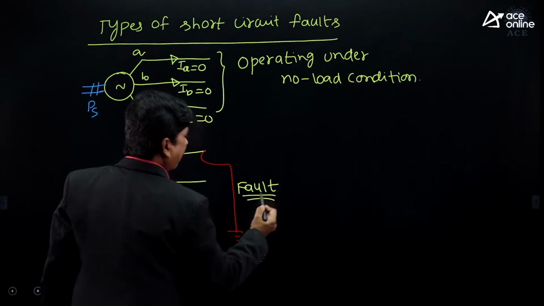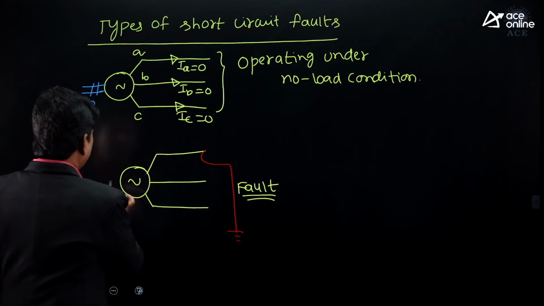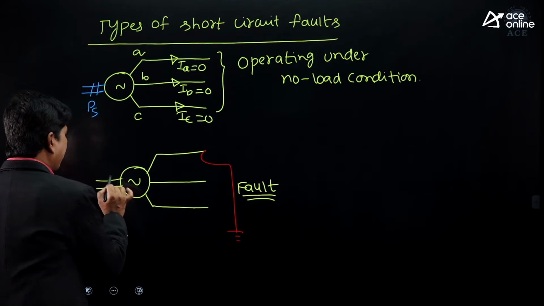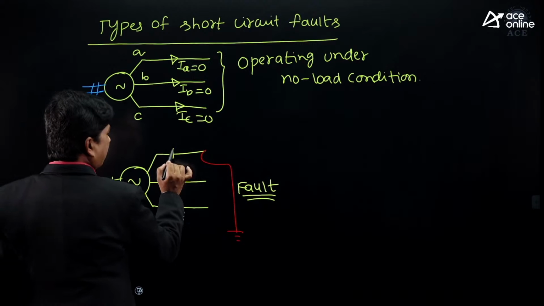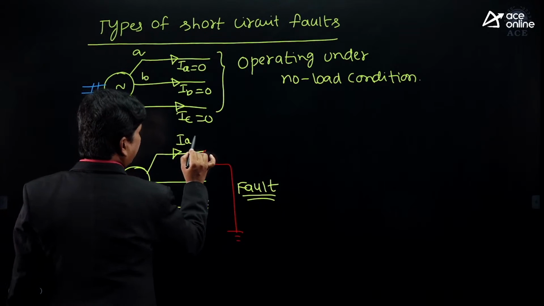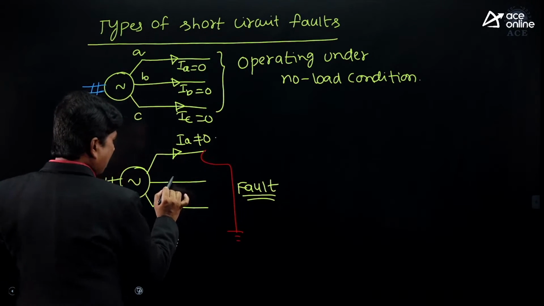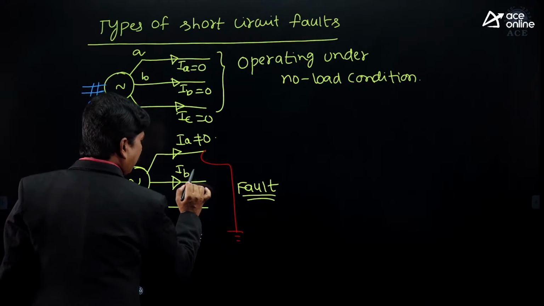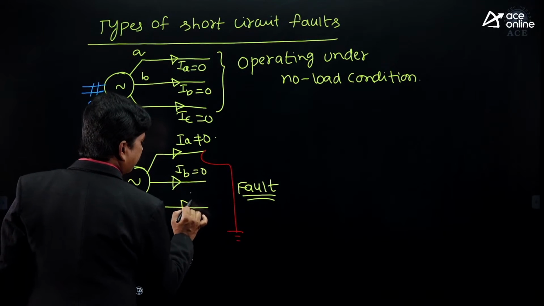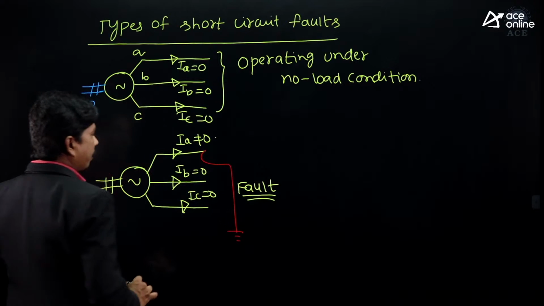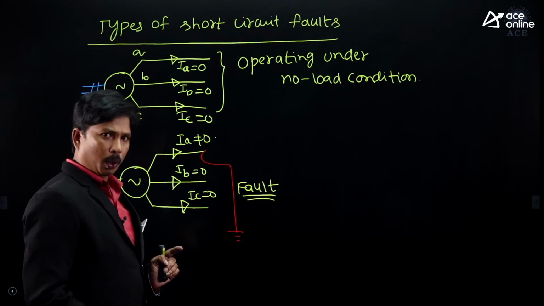Once the fault occurred, the current in phase A is not equivalent to 0, but current in phase B is equivalent to 0, and current in phase C is equivalent to 0. Therefore, one conductor has been grounded.